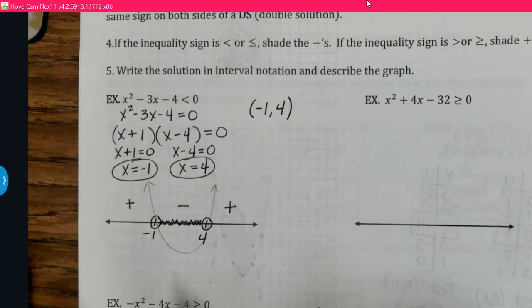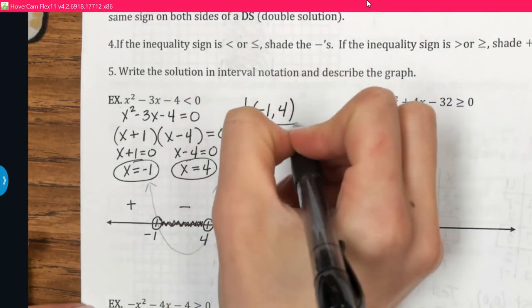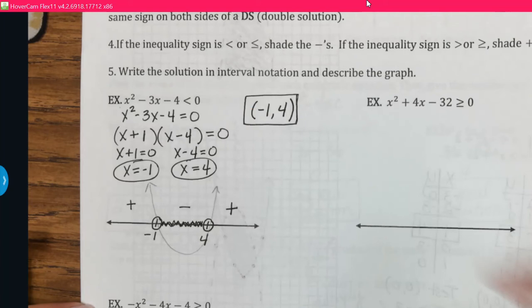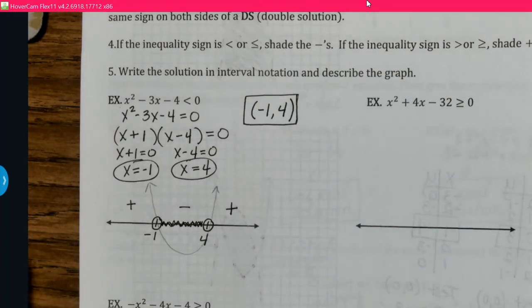So there's my parentheses. So there's my interval. Now I want to see what direction it opens, where it crosses the x-axis, what type of boundary I would have, dashed or solid, and where it's shaded. So on your notes and your homework, we're writing that. On your test, I have blanks. I just didn't put the blanks on here.